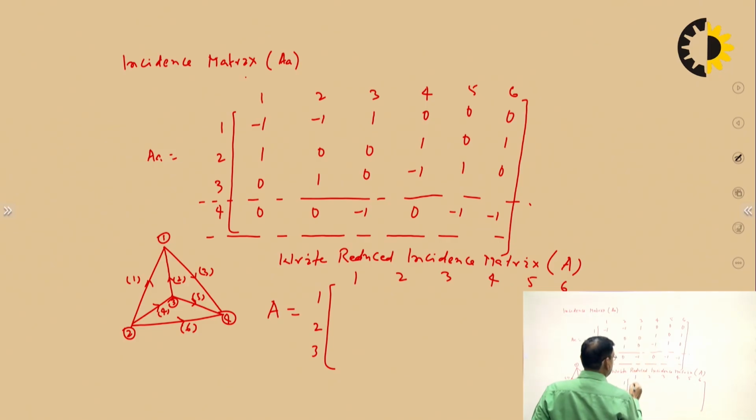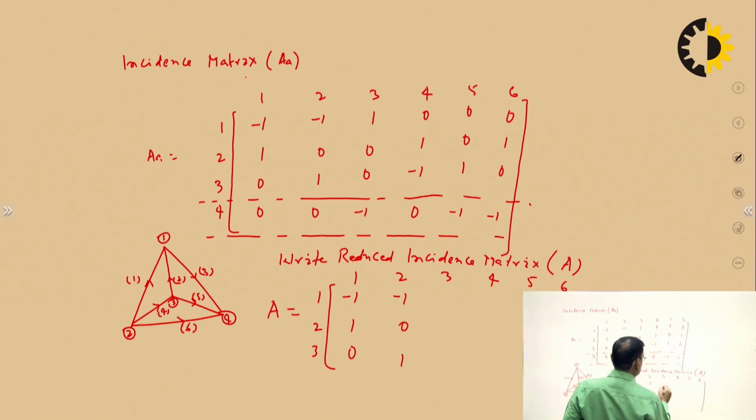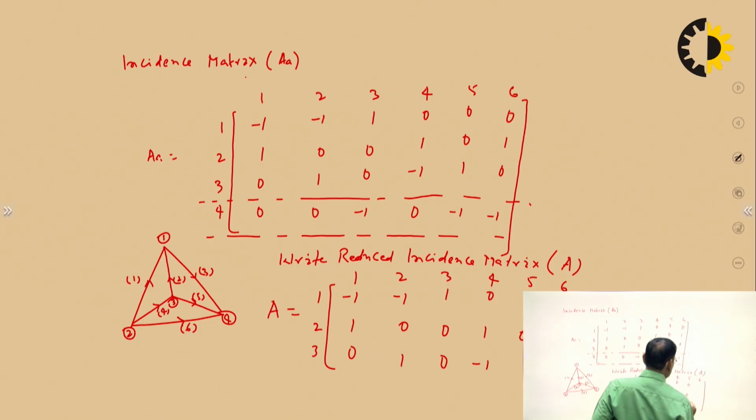So we can write minus 1, 1, 0, minus 1, 0, 1, then 1, 0, 0, then for 4, 0, 1, minus 1, and for 5, 0, 0, 1, and for 6, 0, 1, 0. So this is the reduced incidence matrix. We have removed one row from the complete incidence matrix. So this is the first part of the problem.